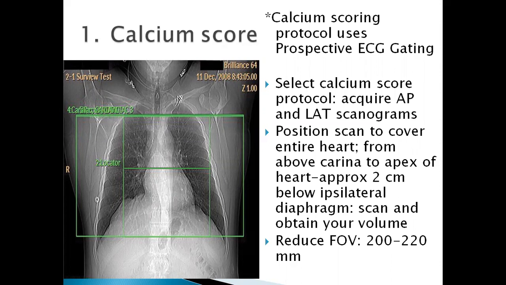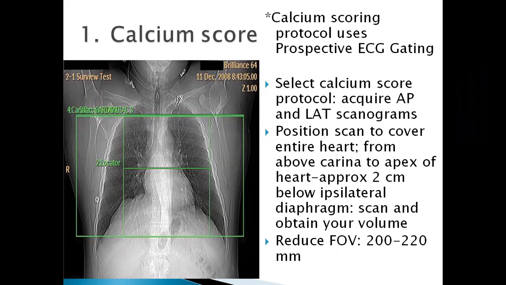So for your calcium score, you don't need to scan the whole chest again. This time, you just want to collimate right to the heart because you're interested in the amount of calcium in the coronary arteries and the ascending aorta.